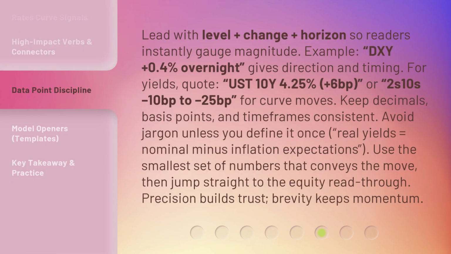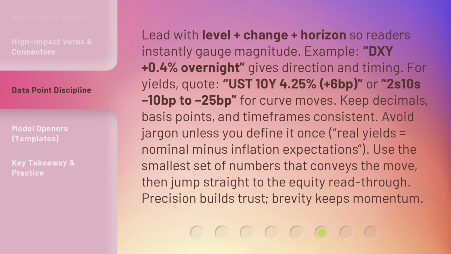Lead with level plus change plus horizon, so readers instantly gauge magnitude. Example: DXY plus 0.4% overnight gives direction and timing. For yields, quote UST 10Y 4.25% plus 6 BP, or 2s10s minus 10 BP to minus 25 BP for curve moves.